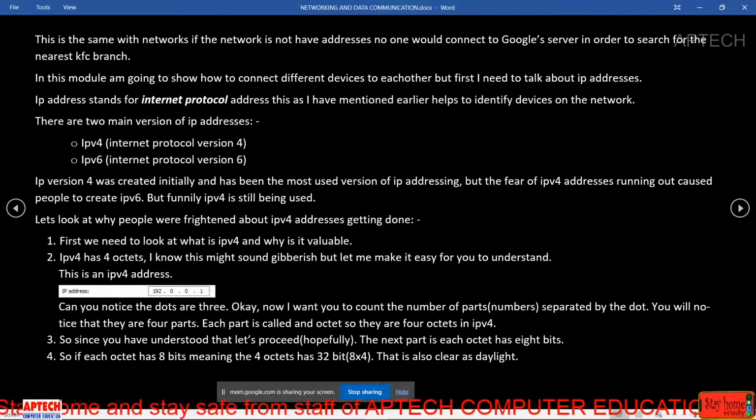IPv4 has what they call octets. Octets are basically like portions for you to address your IPs. They're more like cubicles, particular rooms set to a particular limit of number of people.